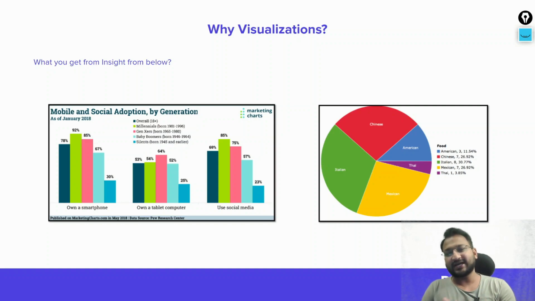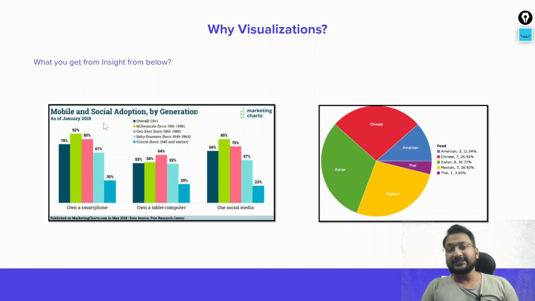Throughout the charts, the color component was the same. Green was representing millennials throughout. So color was helping me identify the generation in this particular case, right? Similarly, in the pie chart we can see the color is helping me understand blue is American, purple is Thai, yellow is Mexican, right?